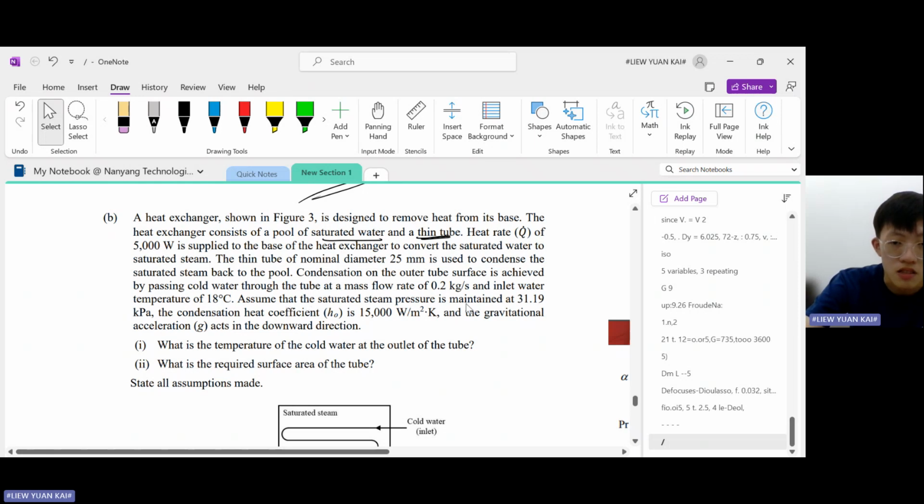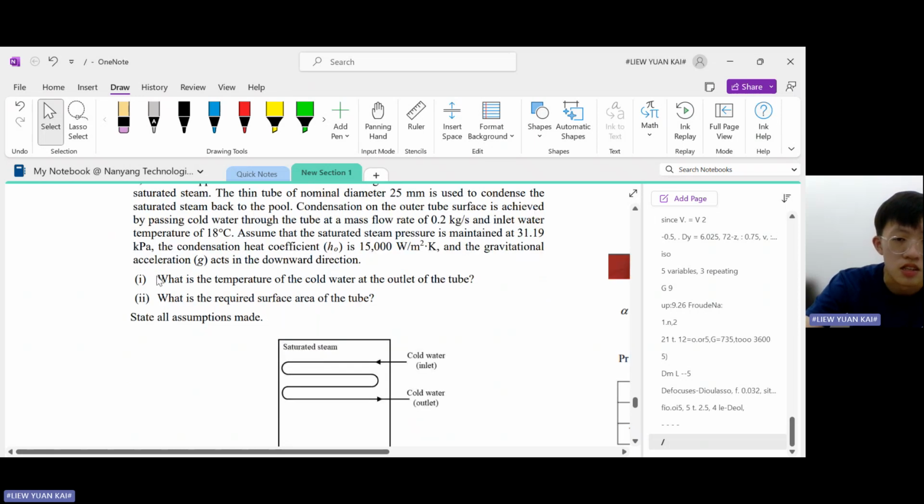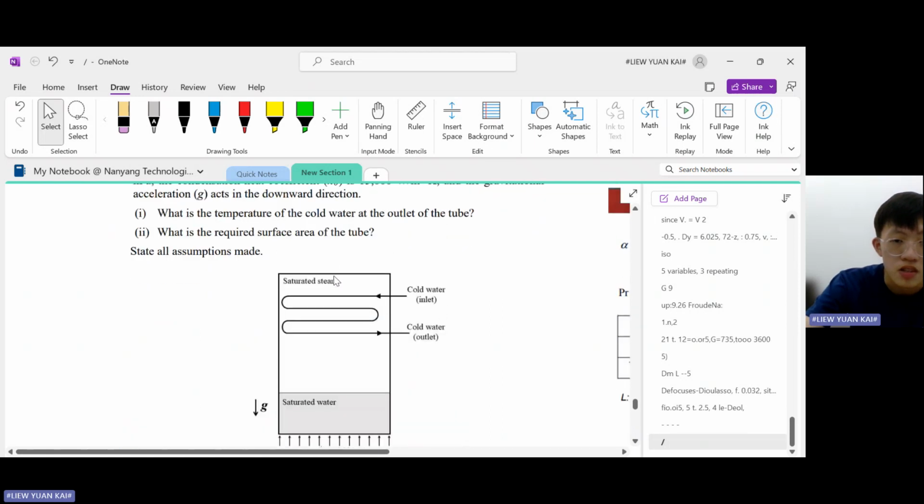Assume that the saturated steam pressure is maintained at 30.19 kilopascals. The condensation heat coefficient is this much, and the gravitational acceleration g acts in the downward direction. So, what is the temperature of the cold water at the outlet of the tube?